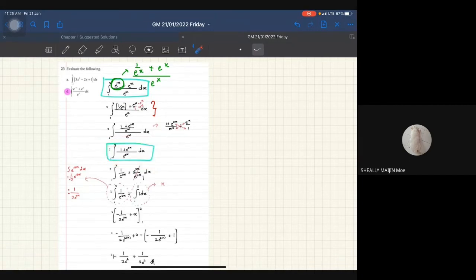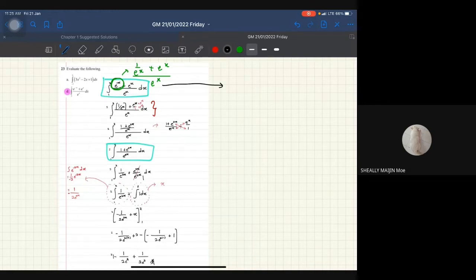Maksudnya setelah dia equate, setelah dia bahagikan dengan denominator. Okay, sebenarnya daripada sini pun awak dah boleh skip step sini. Sini, lompat terus pergi sini. So yang ini tak perlu pun. Okay, dia tak salah tapi dia it's like wasting your time. Awak boleh je terus bahagi tanpa perlu equate denominator untuk numerator itu.